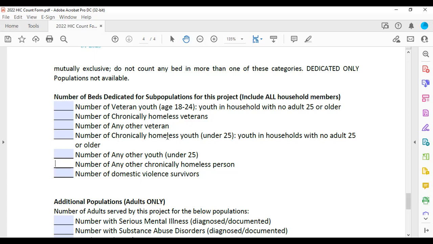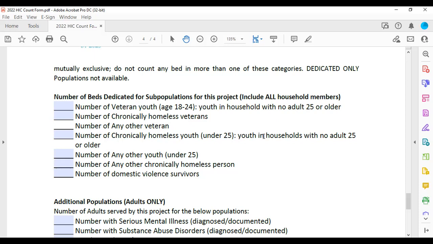And then for like Paul and Matt, they're going to serve, and Paul, Matt, I would ask you to kind of chime in here. This is a number of any other veteran. Do you have any programs that are specifically targeted for veteran youth? No. Okay. So for your programs, you're going to use this here because you don't serve anyone else that's homeless other than veterans, correct?